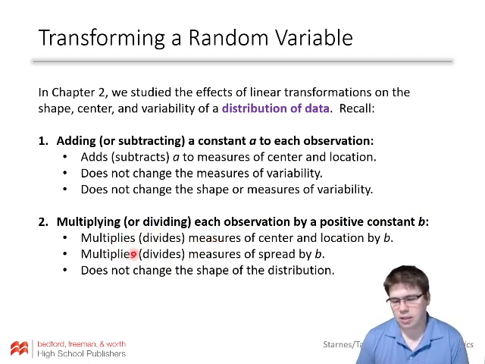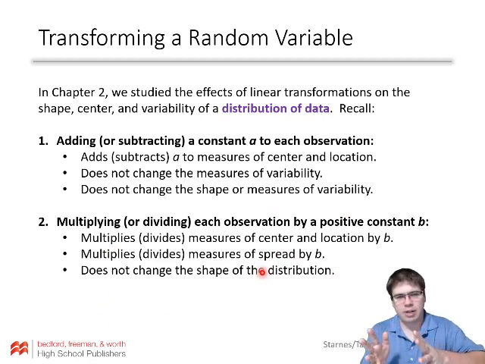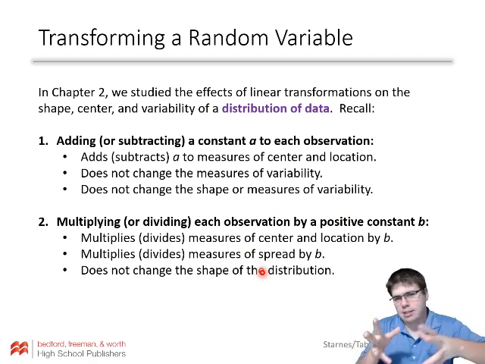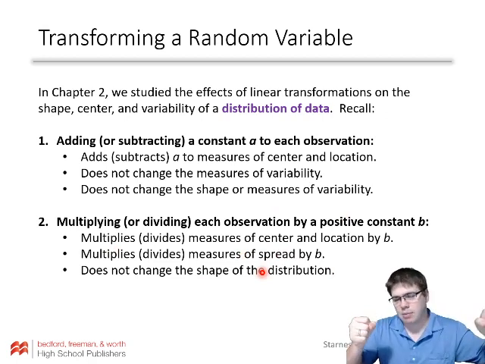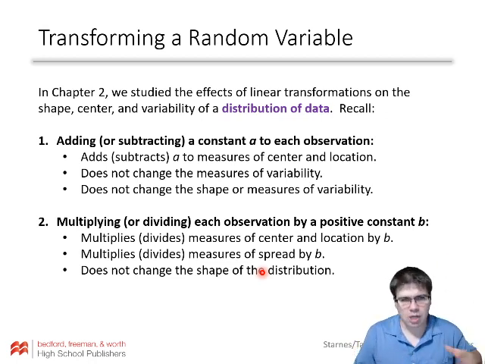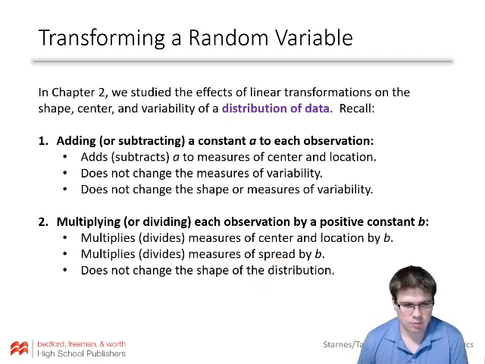It multiplies or divides the measure of center, and it multiplies or divides the measures of spread, like the standard deviation and interquartile range. It does not change the shape of the distribution, though. If I double every number, it moves the center and widens the spread, but doesn't change the shape. If it was skewed to begin with, it'll still be skewed. If it was bell-shaped to begin with, it'll still have that same shape.